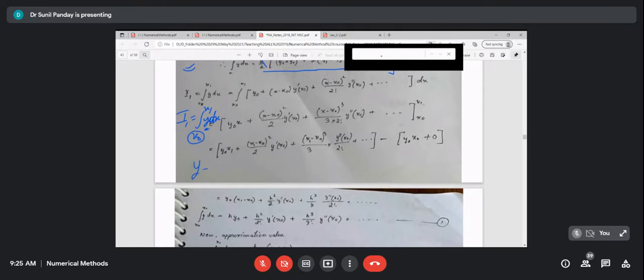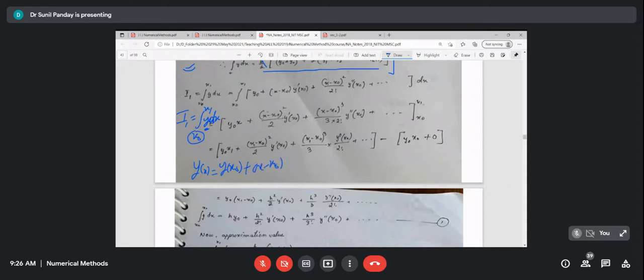Because y is actually y of x, and if we expand it about the point x naught, this is the Taylor series expansion. You can infinitely continue all these terms.